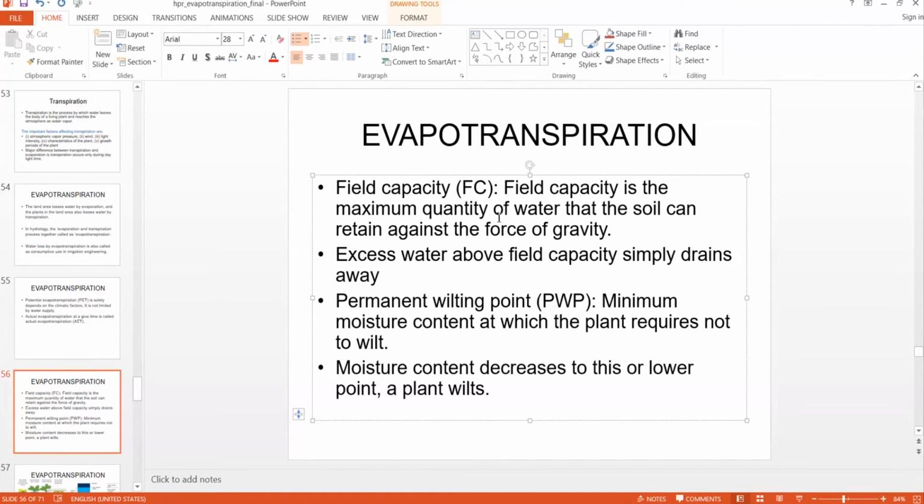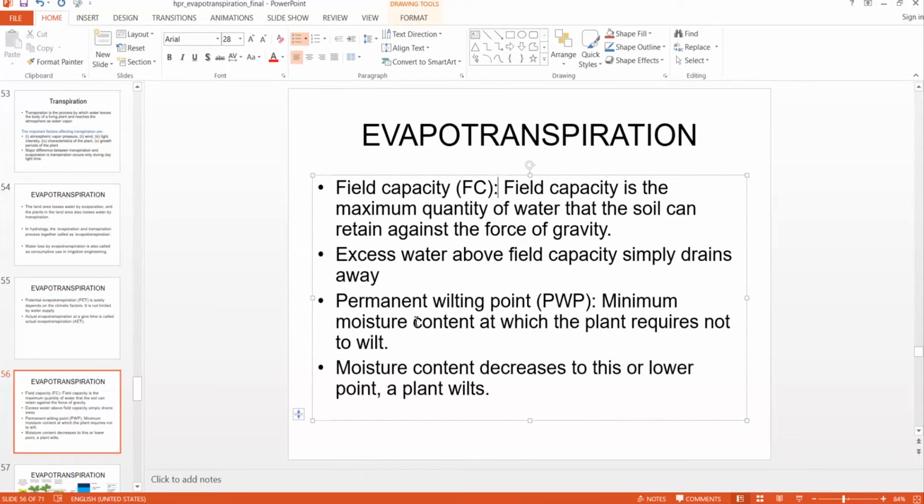But when this soil is saturated, still gravitational forces can pull some water from that. Okay, so once some water is lost due to gravity, the soil, due to its cohesive forces within these water-filled voids, retains the water, so that is called field capacity.